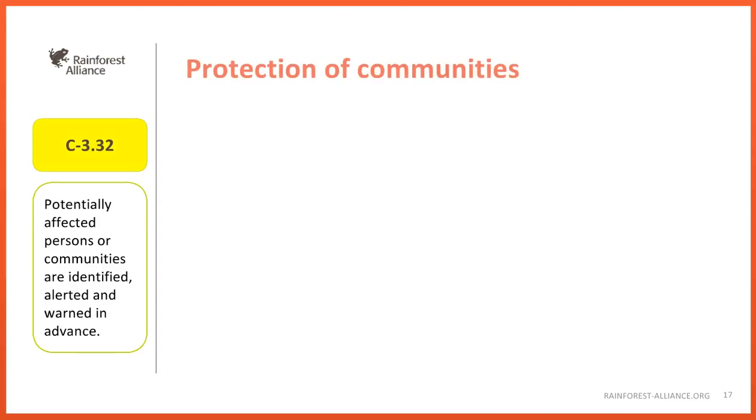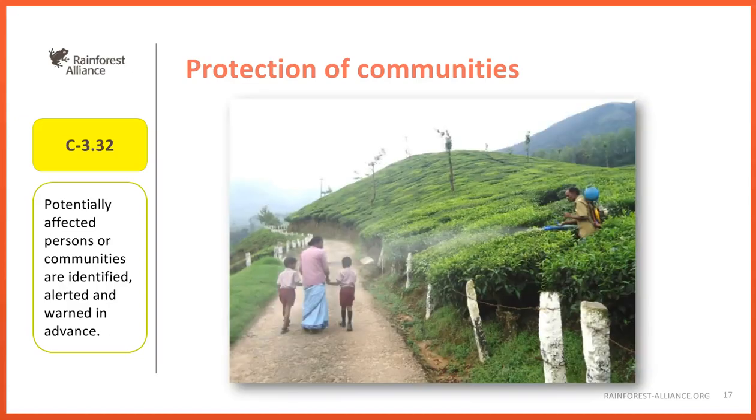Criterion C3.32 talks about protection of communities from chemicals. Look at this photo. The mother and schoolboys were not told that the chemical application was going on at the farm on that day, and they needed to pass through the road right next to the application areas. This should never happen to the people in the community.